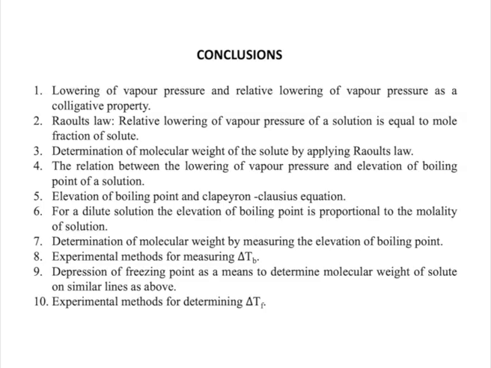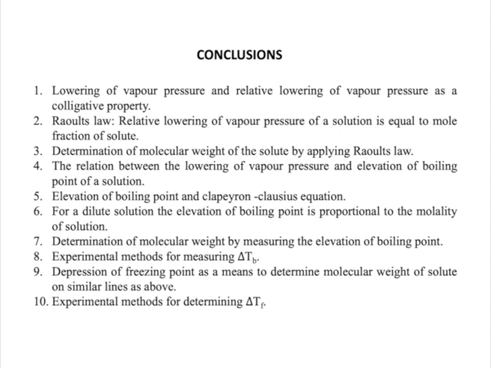Then coming to the boiling point, the relation between the lowering of vapor pressure and elevation of boiling point of the solution was discussed, and one more, the Clausius-Clapeyron equation.